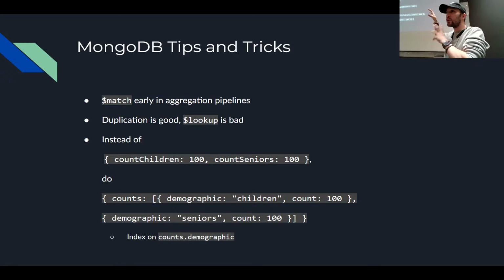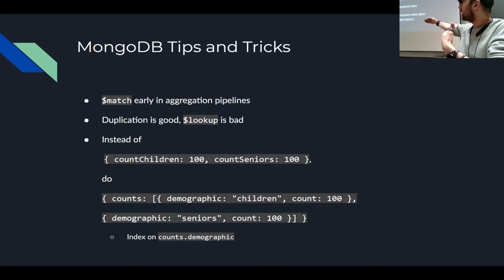There's this nice little trick here. If you have variable fields, like maybe you have count children, count elders, maybe you'll eventually have count women, count men, count married, count whatever, right? Rather than adding all these different fields, where some documents might get them and some might not, you can instead do an inverted structure where you do counts generally, and then the children part is a value.